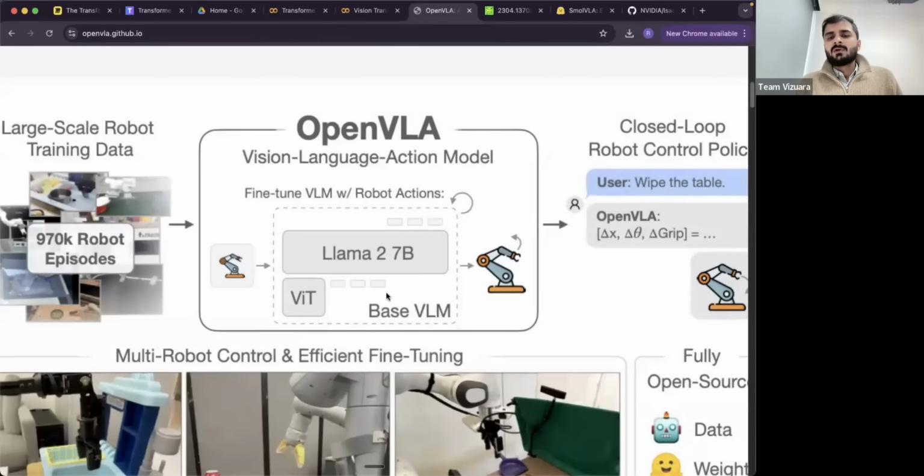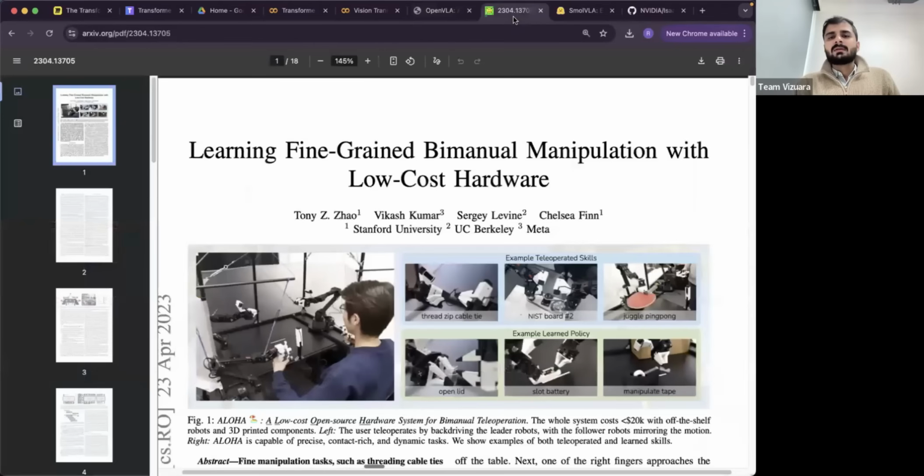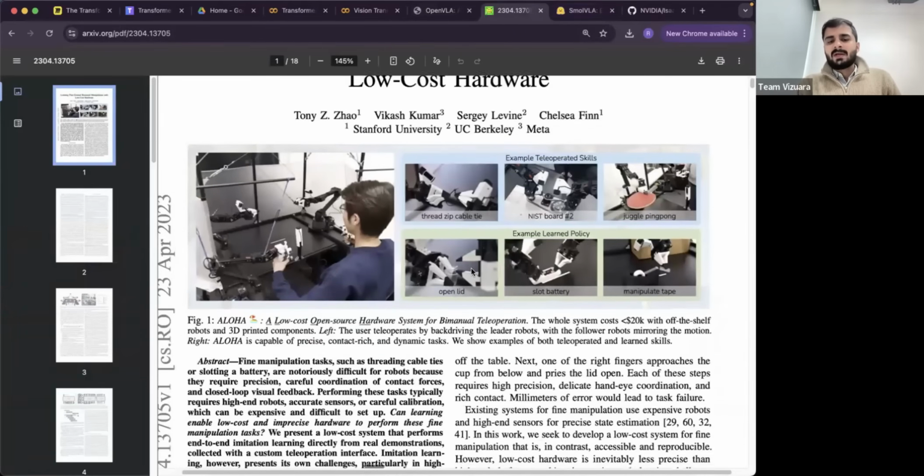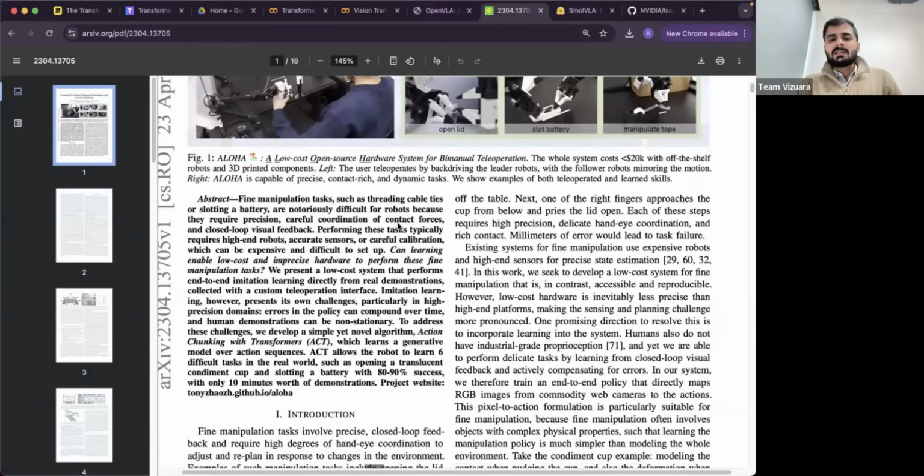And we also see something called a vision language model. Then we look at the ACT policy, which is the focus of this bootcamp, action chunking with transformers. Here you clearly see the word transformers written in the policy name itself.